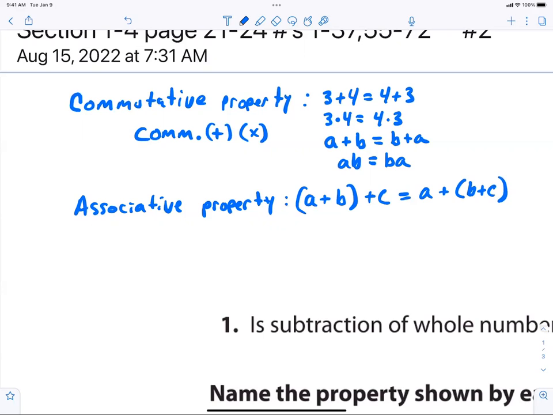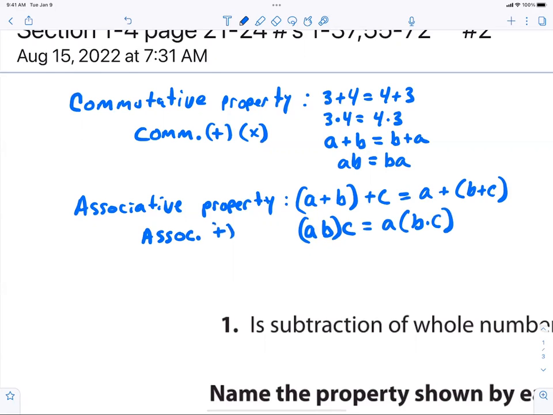Now, the associative property also works with multiplication. So AB times C equals A times BC. The only thing you have to do is, when you abbreviate, be careful how you abbreviate. I don't want anything on your paper that you shouldn't be writing.